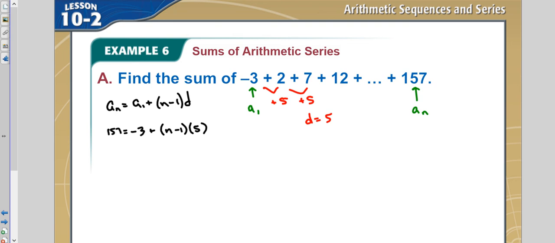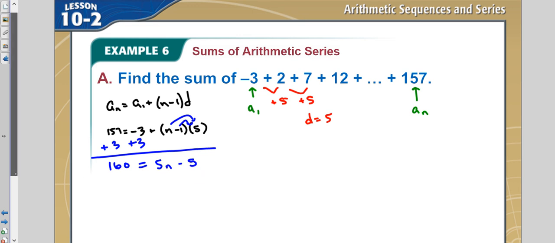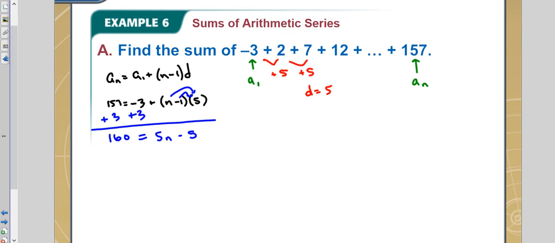So I go to simplify, and I'm going to distribute this first. And I'll also add 3 on this step. So I'm doing two things here. So I'll say 160 equals 5n minus 5. Now I add the 5 over. We get 165 equals 5n.